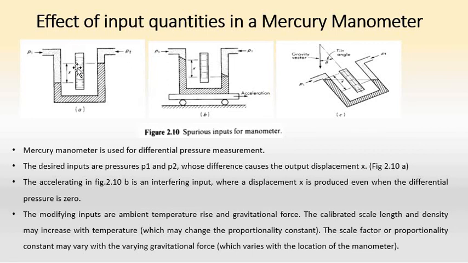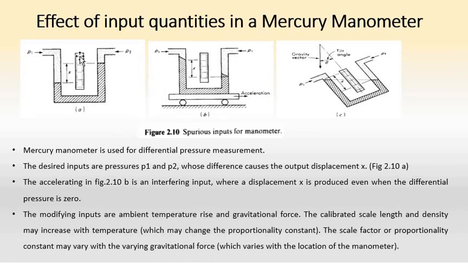Now let us see what all the inputs of this mercury manometer are. P1 and P2 are the desired inputs, that is, this mercury manometer is designed for measuring the difference between P1 and P2. Next is the interfering input.